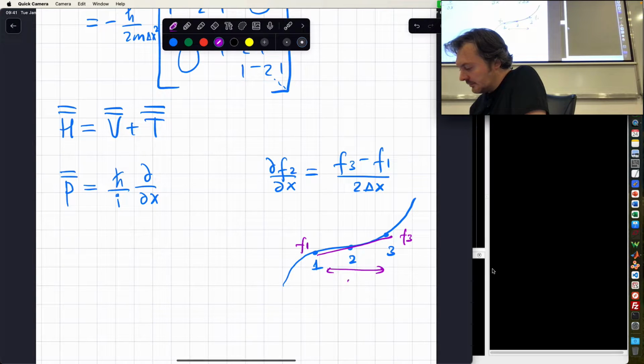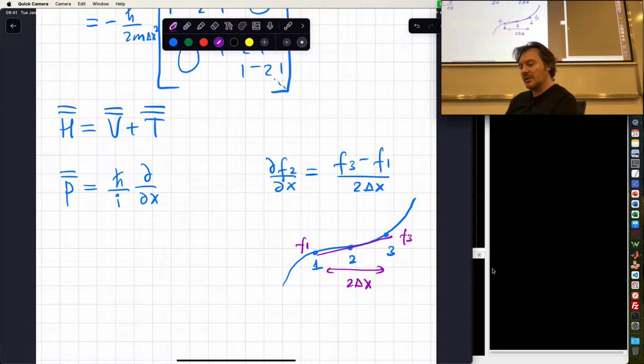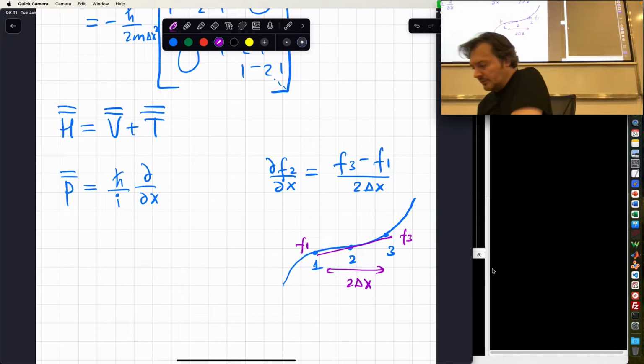Why am I writing it in a symmetric fashion? Because I want the matrix to be Hermitian. And it's going to be Hermitian. Look.